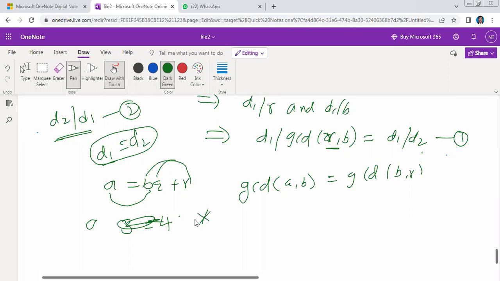Right. My question is, find the GCD of 18 comma 7 by Euclidean algorithm.